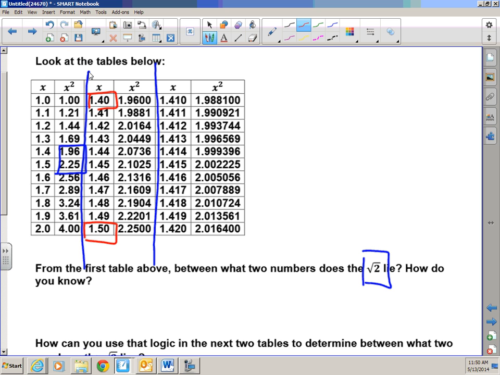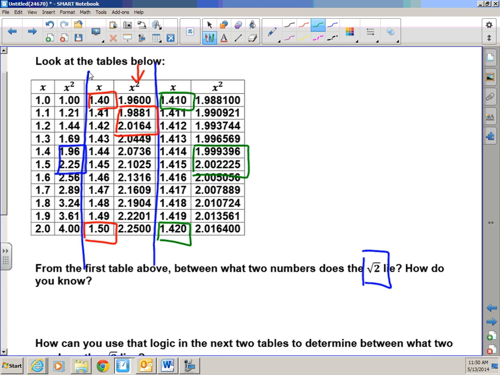Now I'm going to go to the next x squared column in red, and I want to see where 2 lies between, and that's somewhere between those 2 numbers, which is then why I went to 1.41 to 1.42. And which of these numbers is 2 closest to or between?